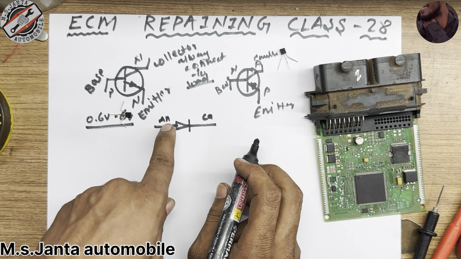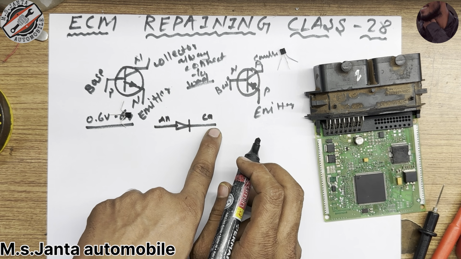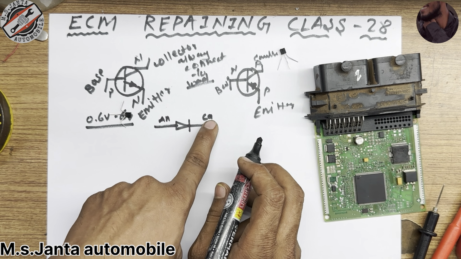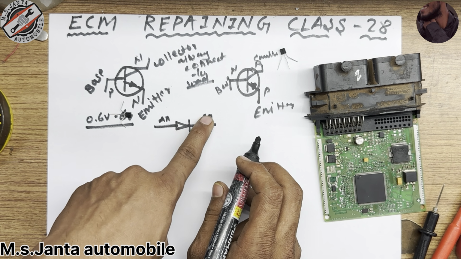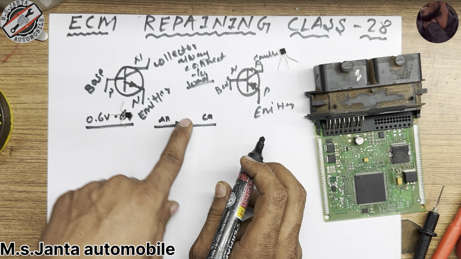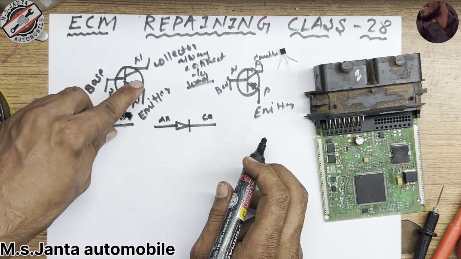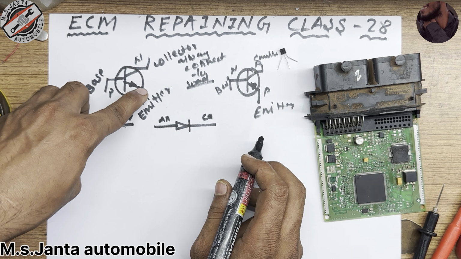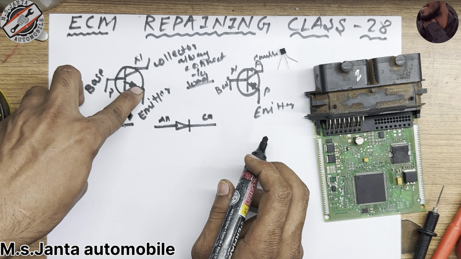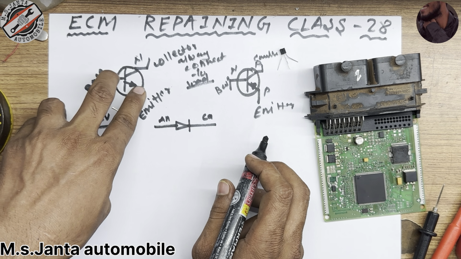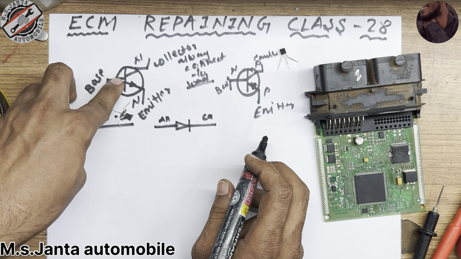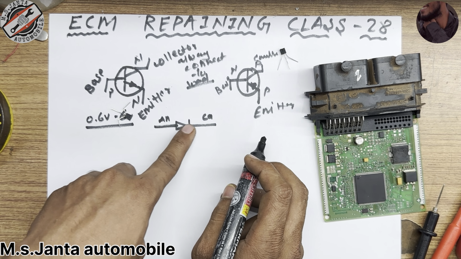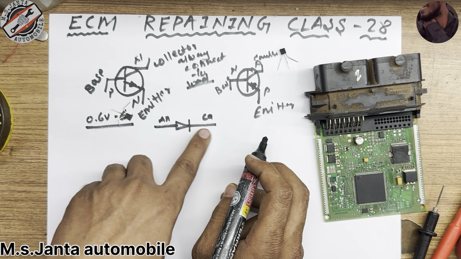Anode can flow positive to cathode, but cathode cannot flow positive to anode. It is not possible. Same here, when you put the multimeter negative here and check here, the negative will pass here because the diode can flow cathode to anode negative, not positive.